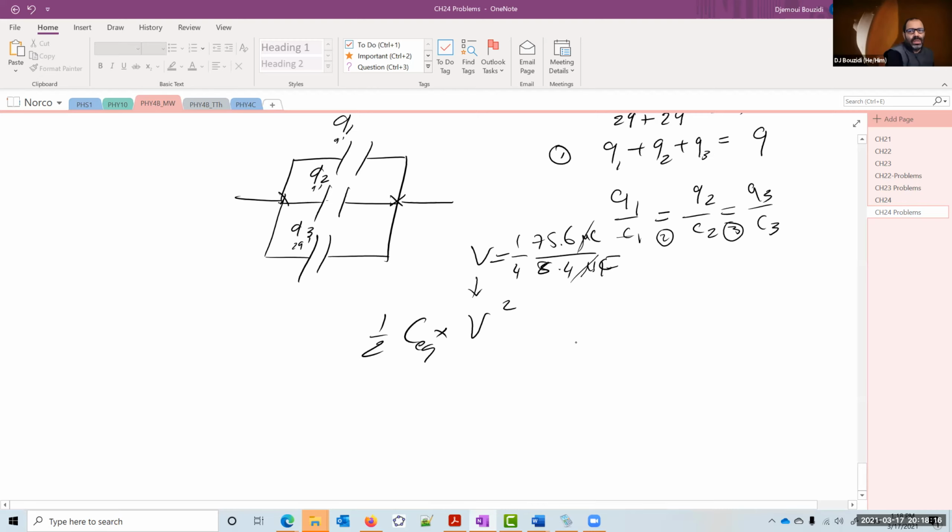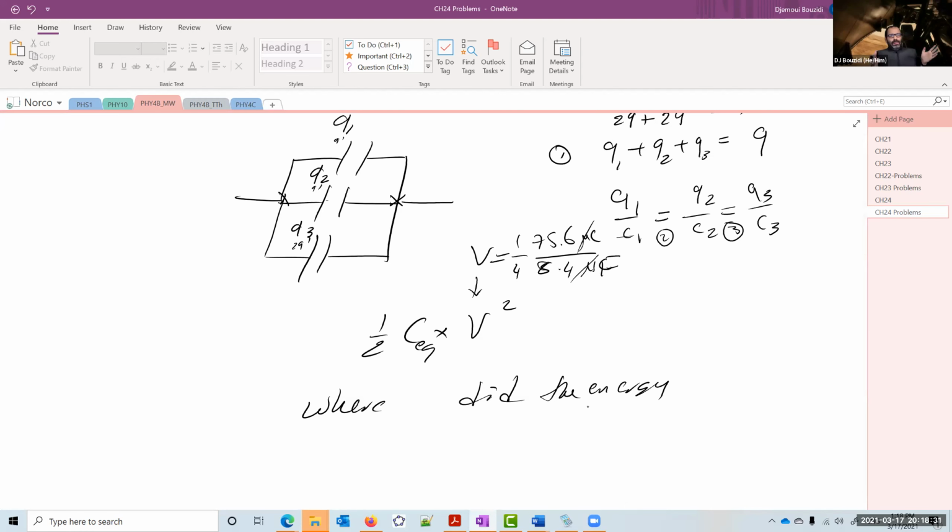So you ask yourself, where did the energy go? Again, you had so much energy in the system when they were in series. Remove the battery, it's still there. When you take them and rearrange them, all of a sudden there is a loss of energy somewhere. And you need to explain where that energy went. Obviously, it did not go into thin air.